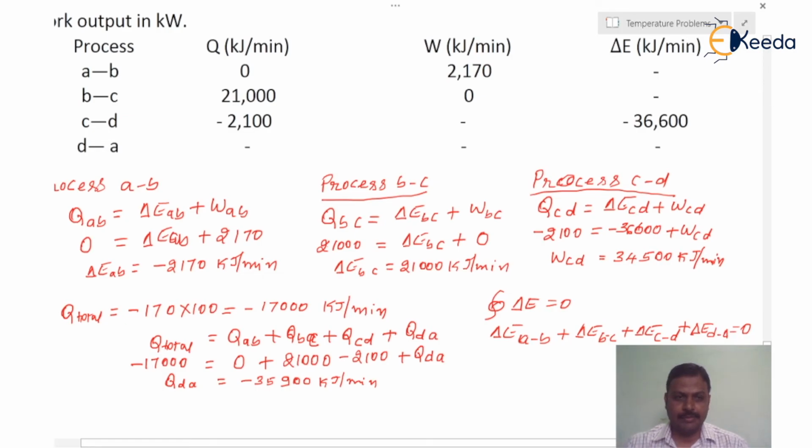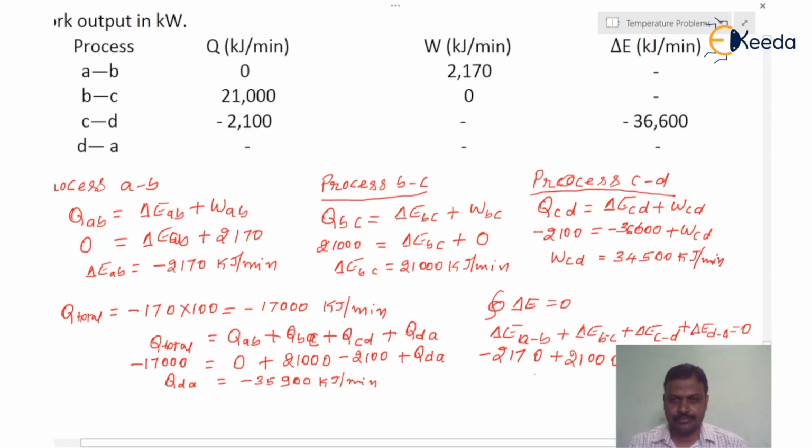Delta E AB is minus 2170, plus delta E BC is 21,000 kilojoules per minute, plus delta E CD, which is minus 36,600, plus delta E DA equal to 0.